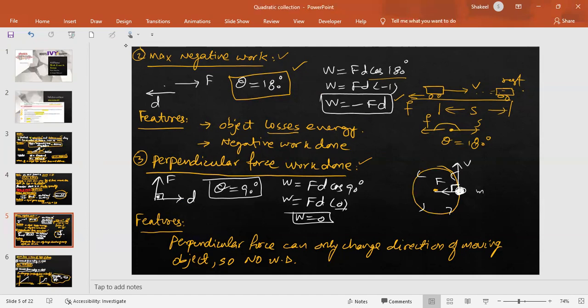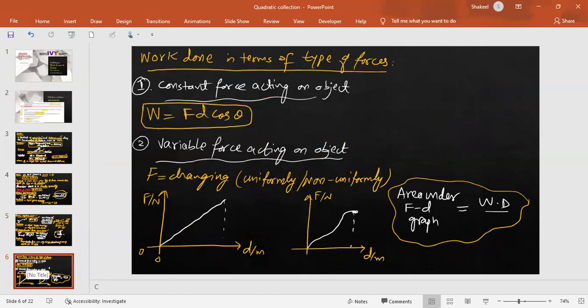This force is known as a perpendicular force because the angle between force and velocity is 90 degrees. So cos 90 is 0, which means work is 0. It means that the perpendicular force can only change the direction of moving objects. It does not do any work. That's why work done due to a perpendicular force is always 0.